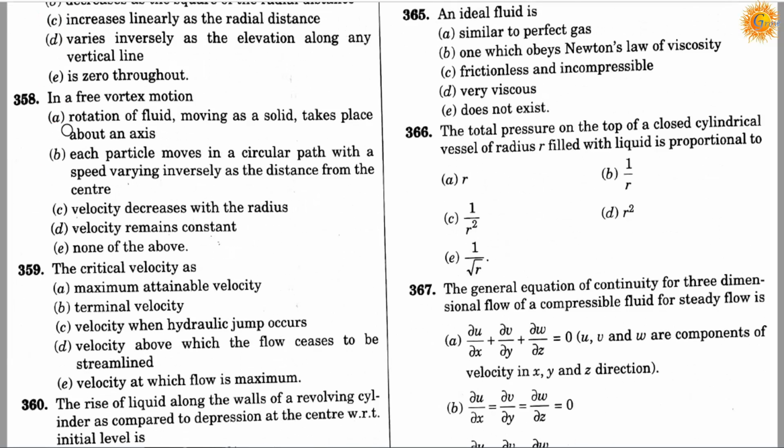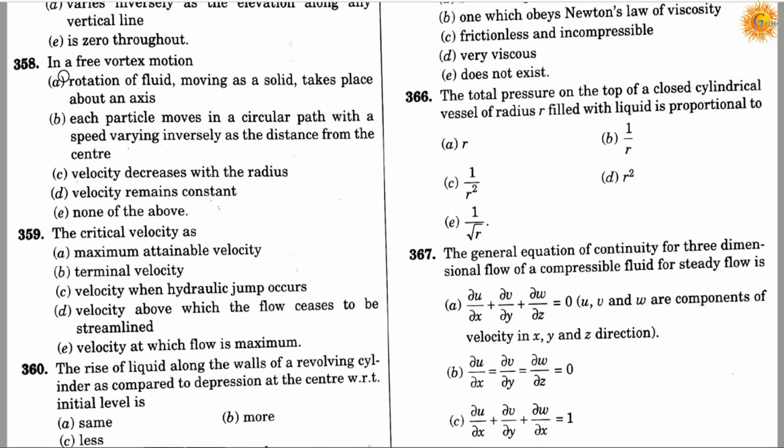Question number 358. In a free vortex motion: option A, rotation of fluid moving as a solid takes place about an axis; option B, each particle moves in a circular path with a speed varying inversely as the distance from the center; option C, velocity decreases with the radius; option D, velocity remains constant; option E, none of the above.